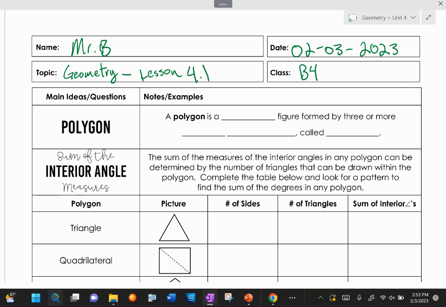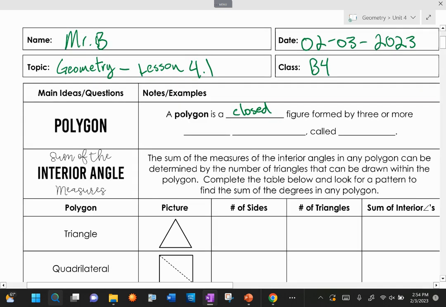Polygon, not to be confused with Porygon, is a closed figure formed by 3 or more line segments called, say it again, sides. Okay.